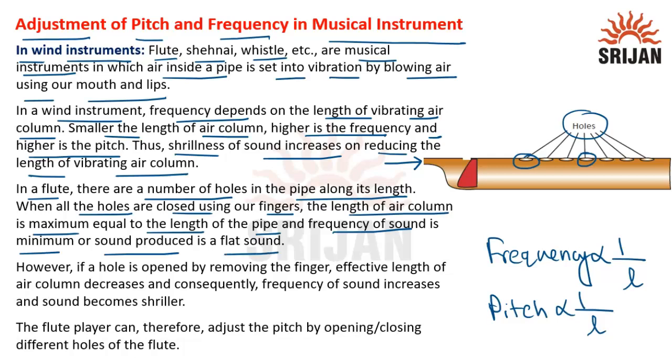As we know that if the frequency is less, then pitch of the sound will be less and we get a flat sound. However, if the hole is opened by removing the finger, the effective length of column decreases and consequently frequency of sound increases and also pitch of the sound increases. We get shriller sound. The flute player can therefore adjust the pitch by opening or closing different holes of the flute.